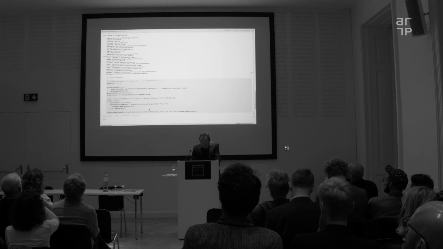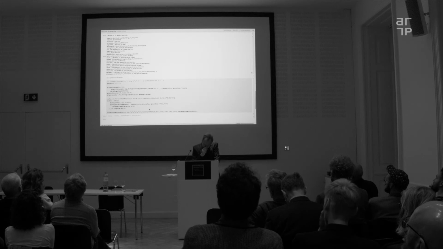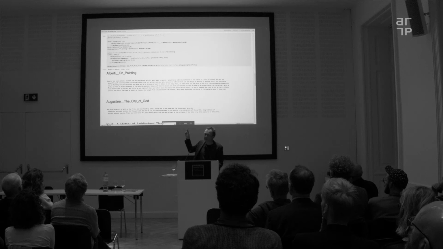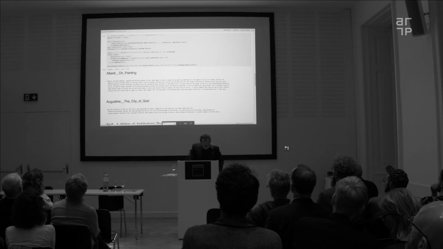Then you can ask a question to the library, just like we asked the question to the architects. This is slightly more sophisticated in the sense that you can manipulate the string length, but you can also combine words. These are dead pages, these are screenshots, so I'm not live in the environment.